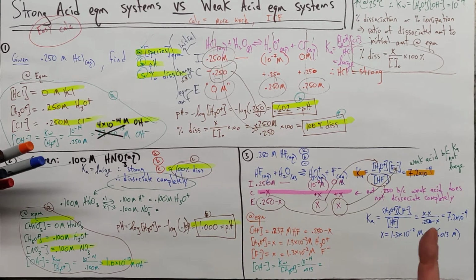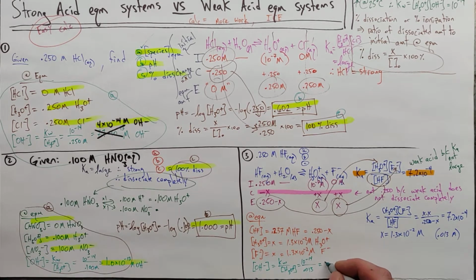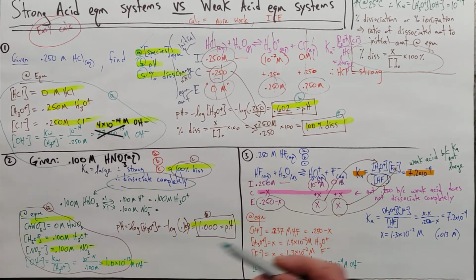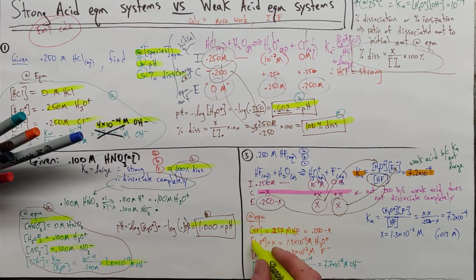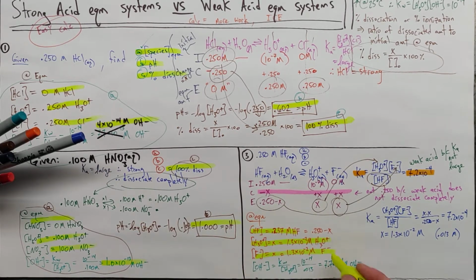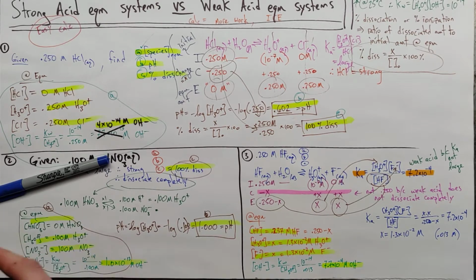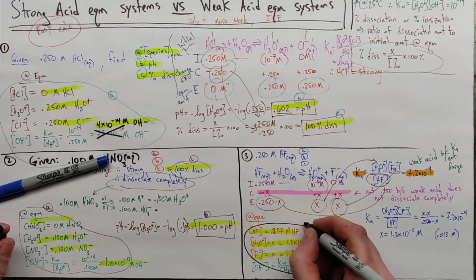We end up with, in this case, the number that I incorrectly wrote over there, 7.7 times 10 to the minus 4th. And that is our concentration of species at equilibrium. This, and this. I don't know if we want to circle that or whatever. So there's our part A answer.